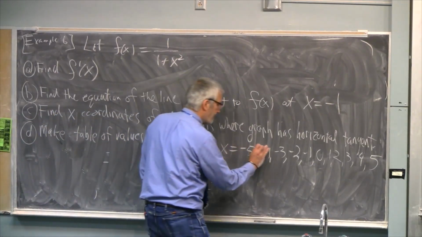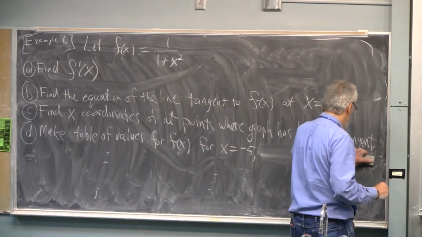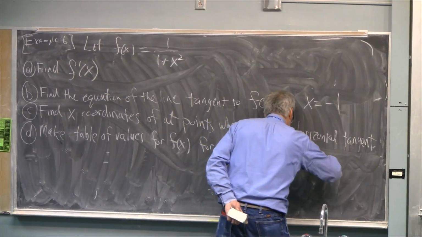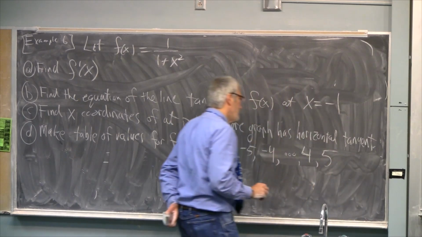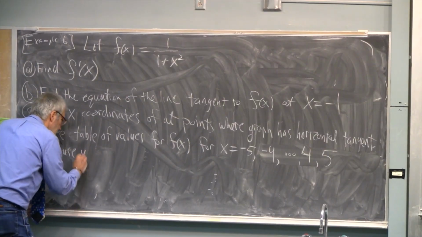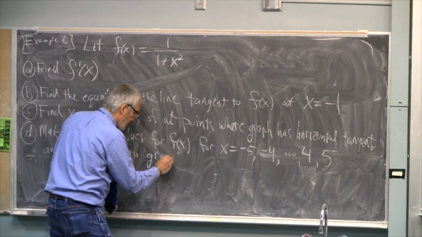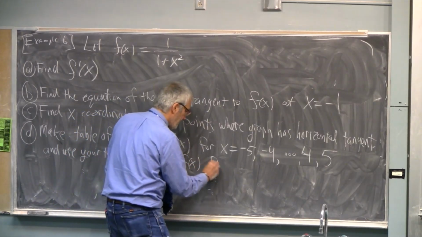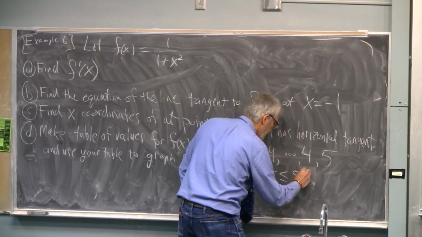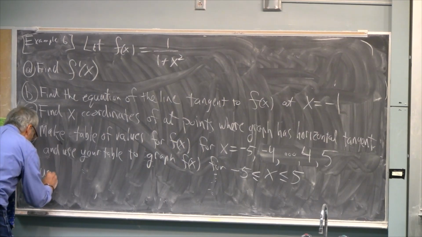I think it would just be 1 over cosine squared. Derivative of 1 times 1 plus x squared.